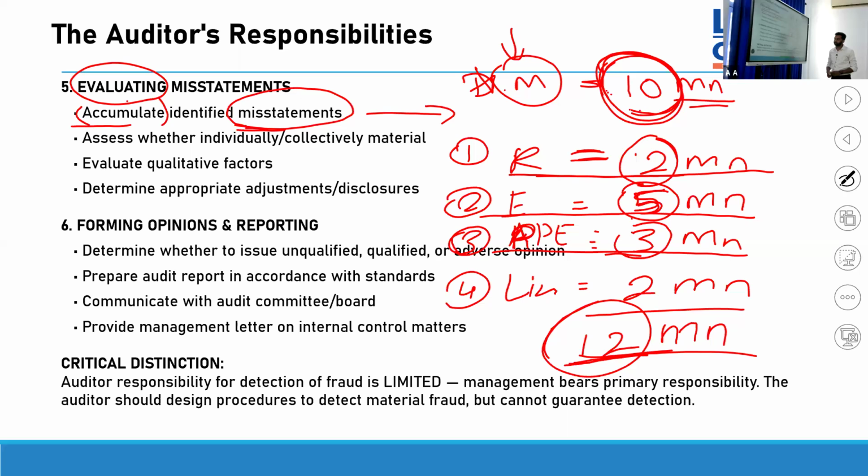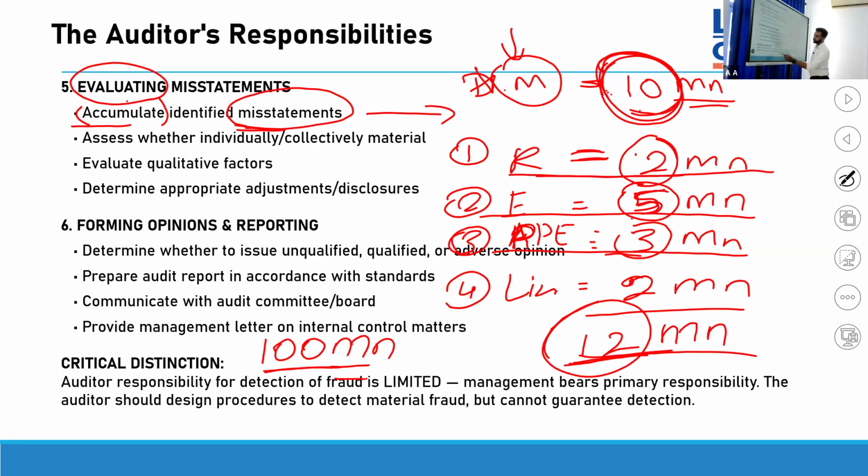Next one, liability. Let's say we have a loan balance, but we have understated our loan balance by 2 million. In the bank confirmation, let's say the actual loan balance is 100 million, payable. This is from the confirmation balance.